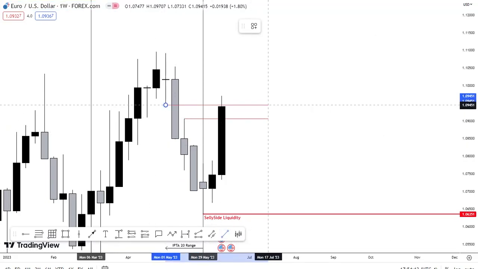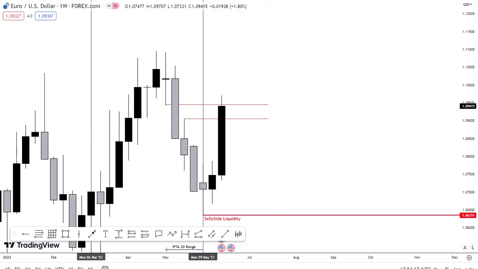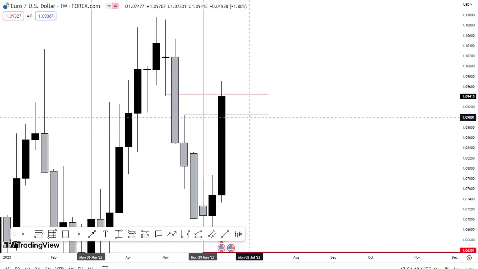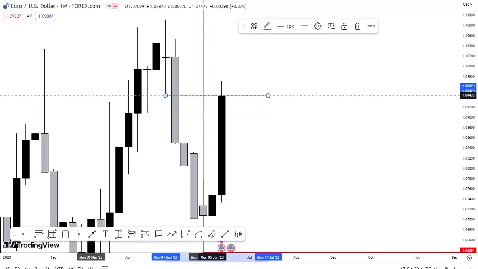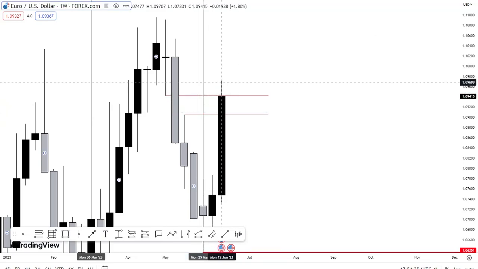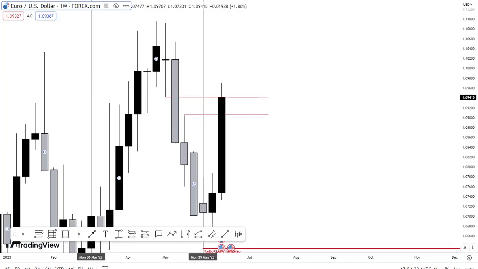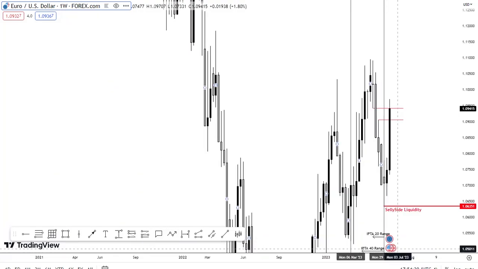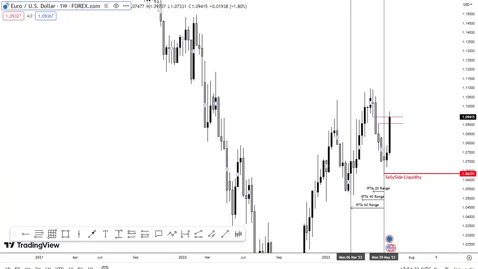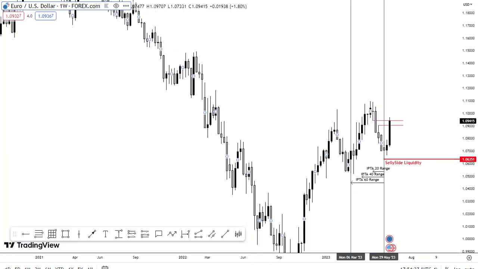This would support our structure bearish, and if price stays below the high of the fair value gap like this, price basically shouldn't close above this fair value gap, then we remain bearish, if that makes any sense. And the higher the time frame confluence, the more it makes sense, if it makes any sense.